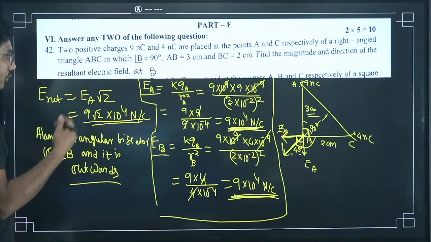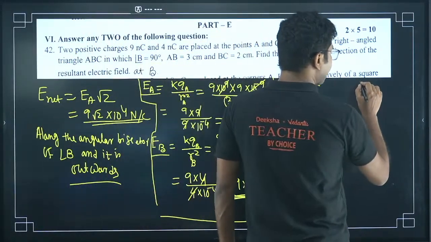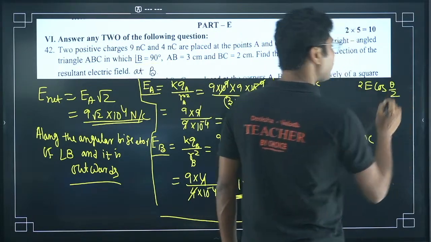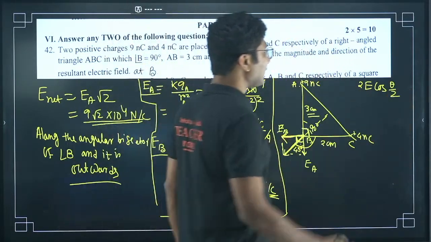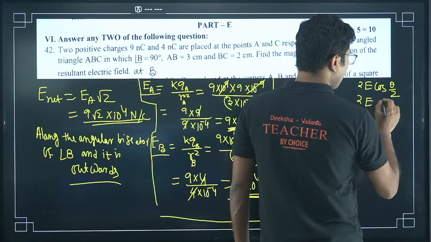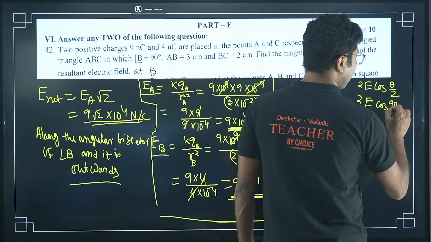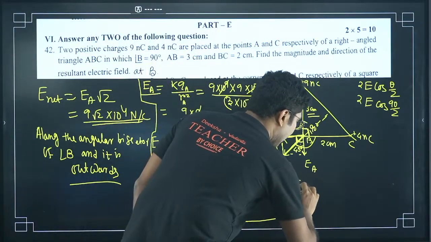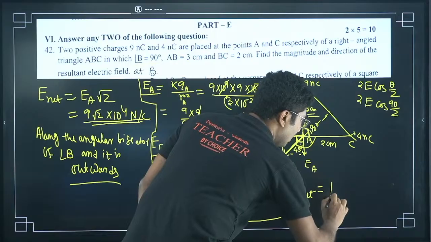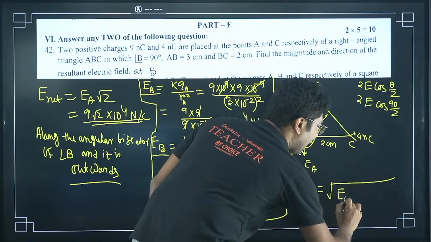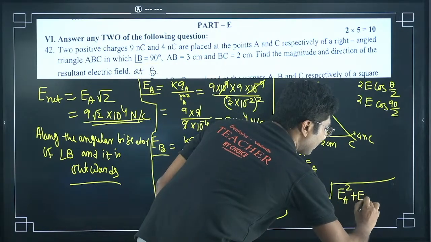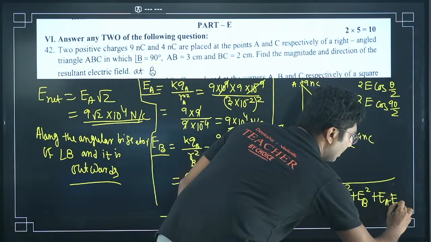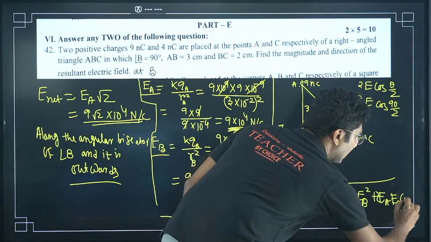Someone was saying another formula which he used, which is 2E cos theta by 2. That is also fine. Okay, theta is here as 90 degrees. So 2E cos 90 by 2, or you can use the old formula of E net equals square root of EA square plus EB square plus 2 EA EB cos 90.